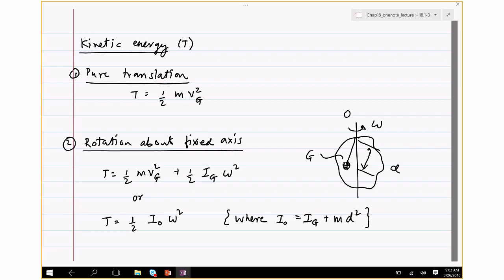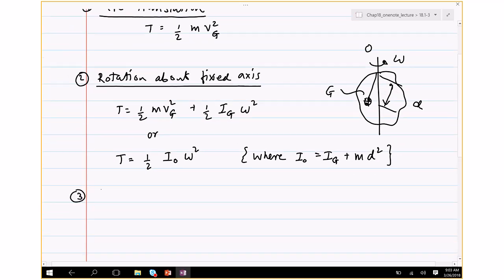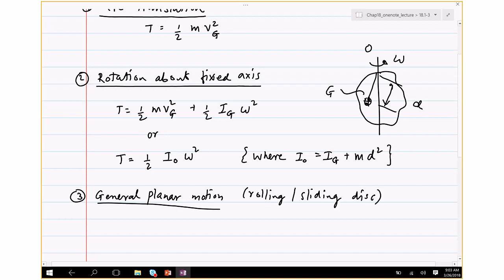And finally, the last case is when we have general planar motion. An example would be a rolling or sliding disk. You have to use this formula. You see that this formula is essentially the same as the formula for fixed axis.